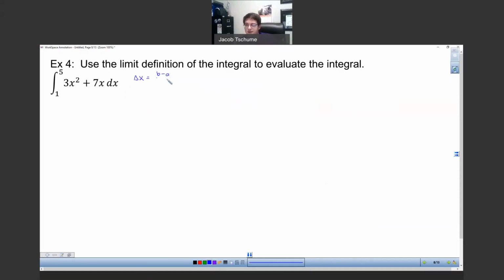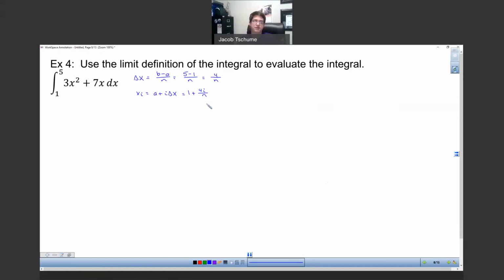So that is b minus a over n, which would be 5 minus 1 over n, which is 4 over n. Remember, the a and the b come from the integral. And then you also need x sub i, which is a plus i delta x, which would end up being 1 plus 4i over n.